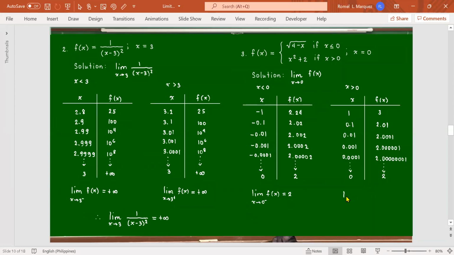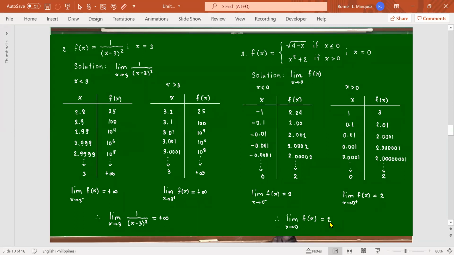So we say that the limit of f of x as x approaches 0 from the right is equal to positive 2. So we can now make a conjecture that the limit as x approaches 0 of f of x, this piecewise function, is equal to what, guys? Is equal to 2, right?